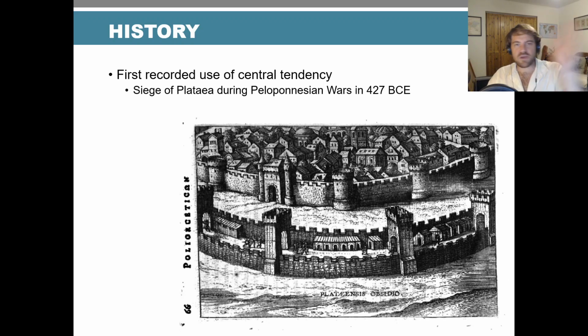Anything like that. So really quickly, I want to tell you about the history of central tendency. This is very, very quick. I think it's awesome. The first recorded use of central tendency was during the Peloponnesian Wars in Greece. This is the city of Plataea, which is being besieged by the Spartan armies.